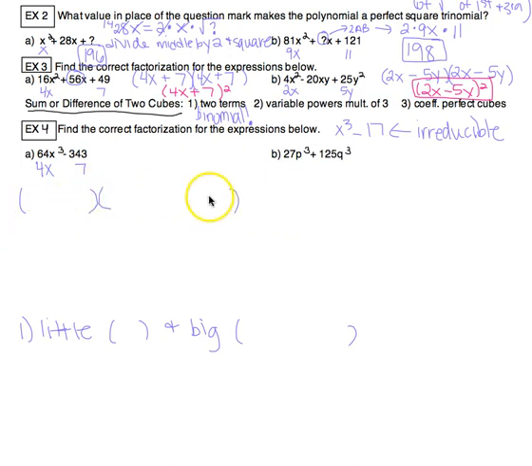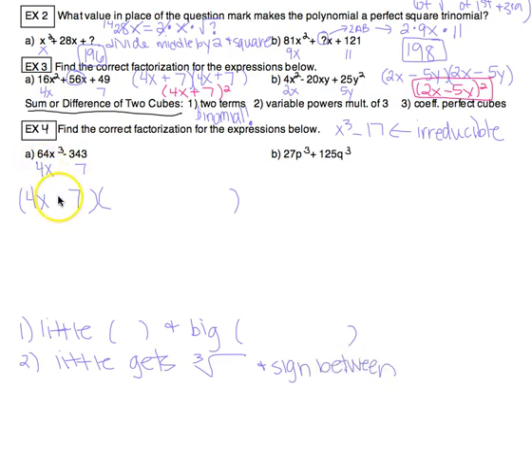So the baby and the mama. So in your little parenthesis, it gets the cube roots. So the 4x and the 7, and it gets the sign between. So in this case, the sign was a minus. If it had been a plus, we would put a plus here.